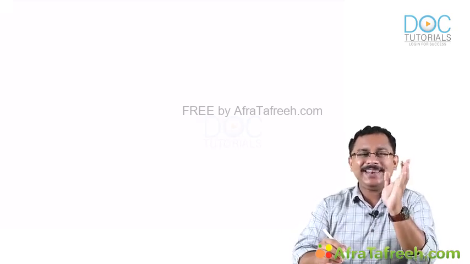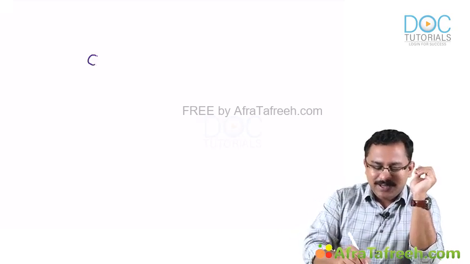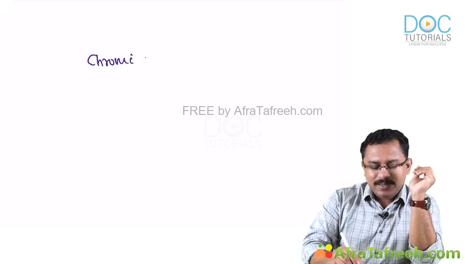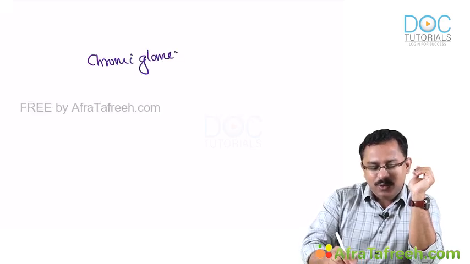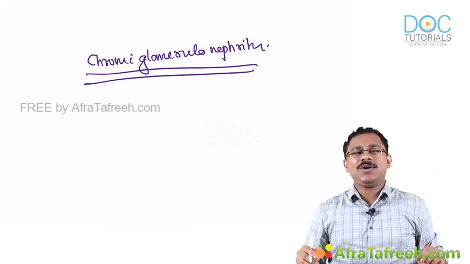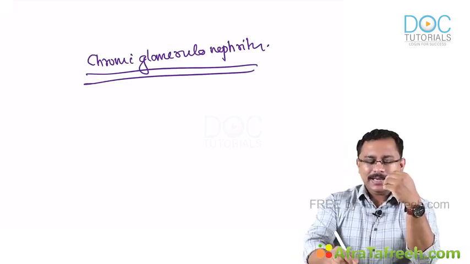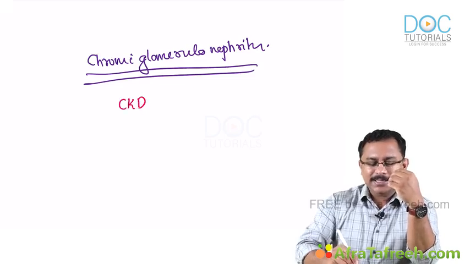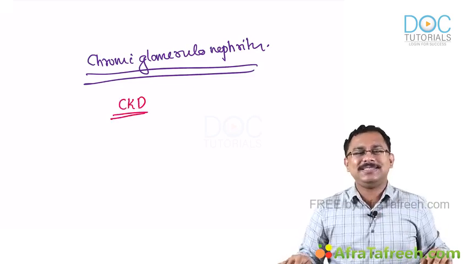And what is the final one? It is chronic glomerulonephritis. Chronic glomerulonephritis means it is the CKD, the chronic kidney disease counterpart of your glomerulonephritis.